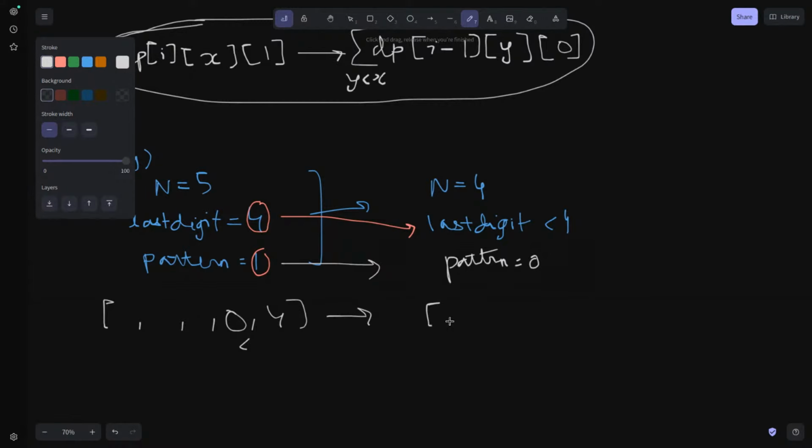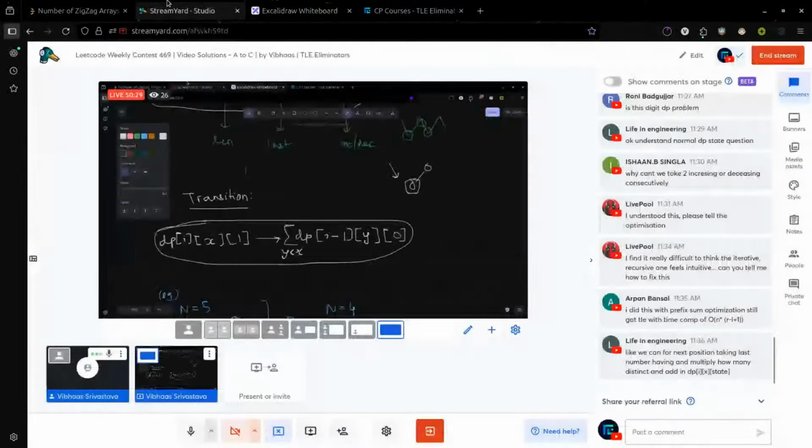That means it can come from any 4-digit case where the last digit can be 1, 2, or 3, all the values which are less than 4. And then this should be decreasing, since this is increasing. So that's why we get our DP transition.